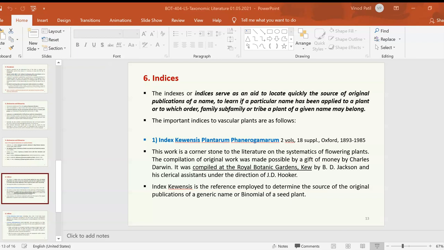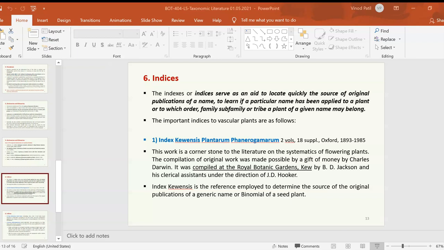The important indices to vascular plants: the Index Kewensis Plantarum Phanerogamarum, two volumes. This work is a cornerstone to the literature on the systematics of flowering plants, and the compilation of the original work was made possible by a gift of money by Charles Darwin.